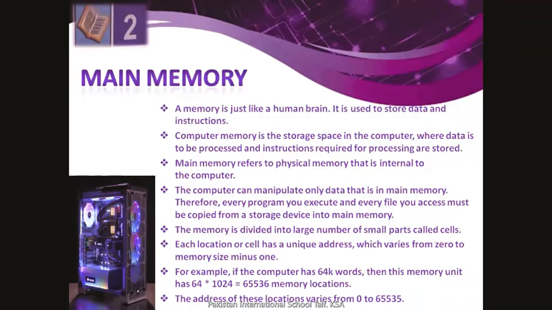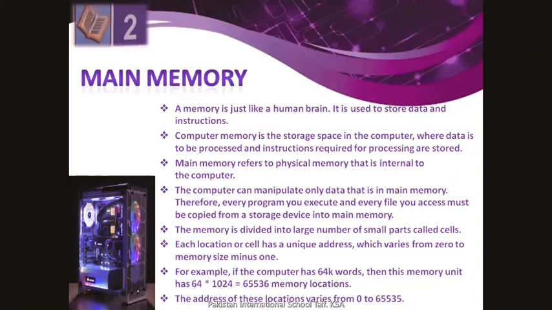The address of these locations varies from 0 to 65,535 because we start from 0. So we will subtract 1 from the total capacity, 65,536. So it will go from 0 to 65,535. So every memory location has a unique address.